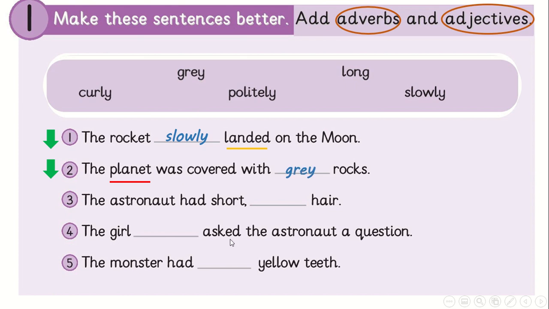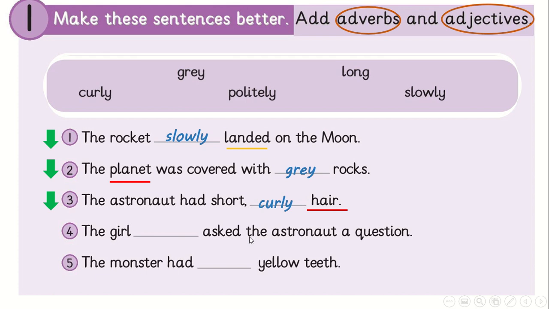Gray rocks. Now the astronaut had short dash hair. So here we have hair, teacher. It will be curly. Okay, so here we have curly hair. Now the girl asked the astronaut questions.